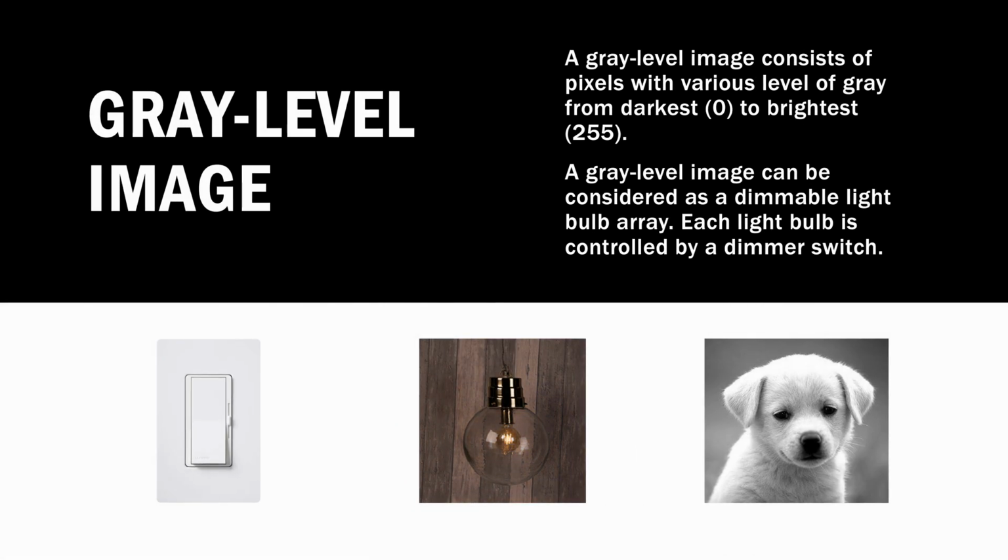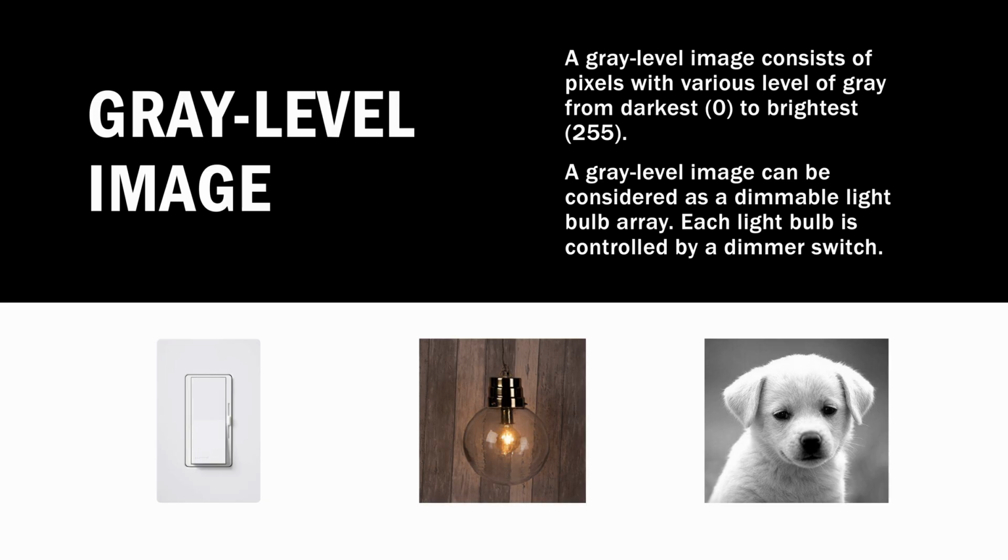A gray-level image goes beyond just black and white. In this type of image, each pixel can take on a range of values, from the darkest black at 0 to the brightest white at 255. These values represent different levels of brightness. You can think of it like a dimmable light bulb controlled by a slider switch.